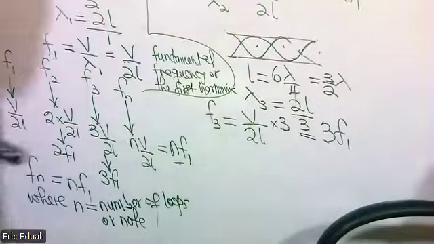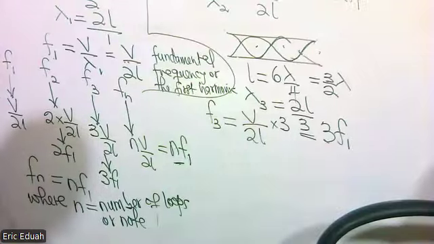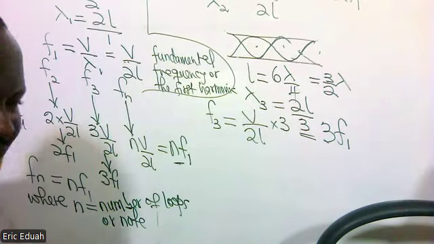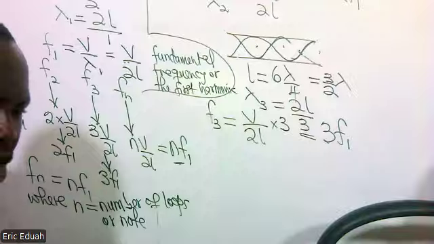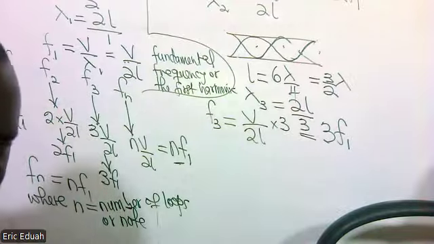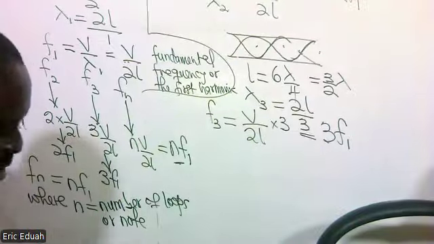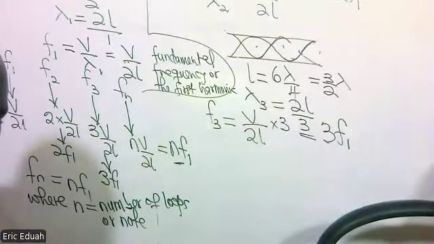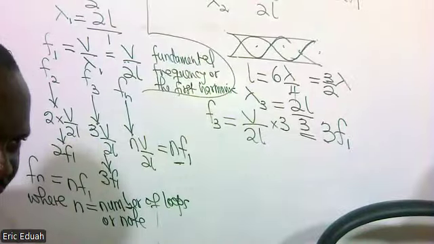Okay, so we realize that for vibration or resonance in open pipe, the harmonics or the frequencies are a mixture of both odd and even. So assuming the first frequency is 100, the next will be 200, 300, 400, 500.